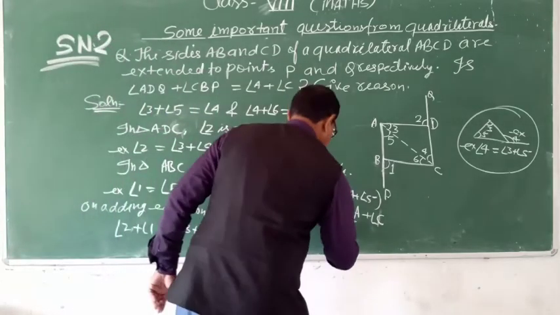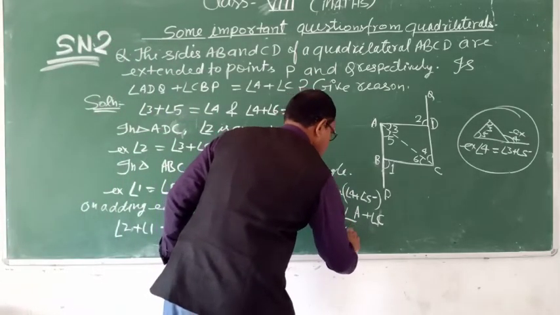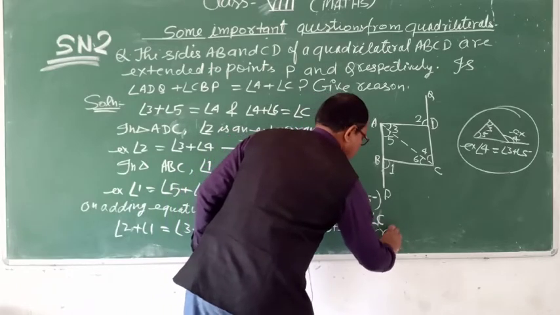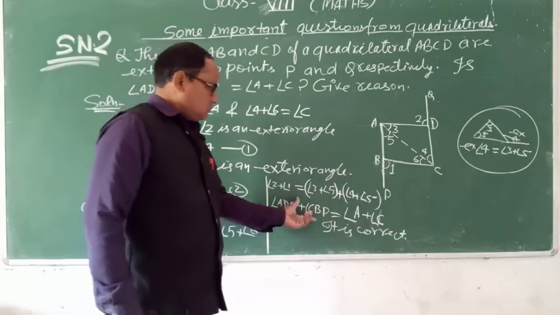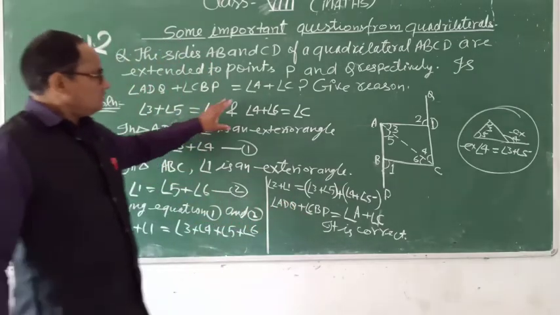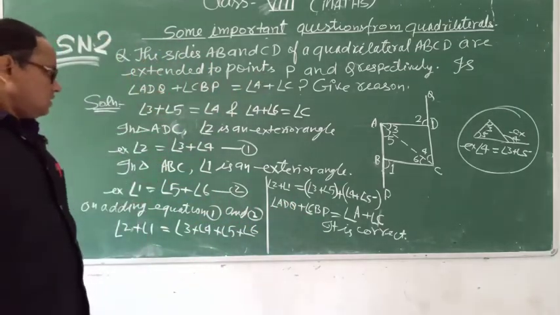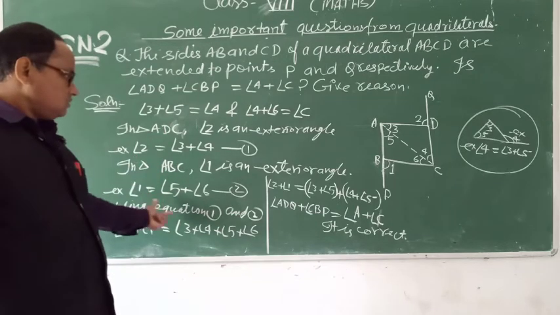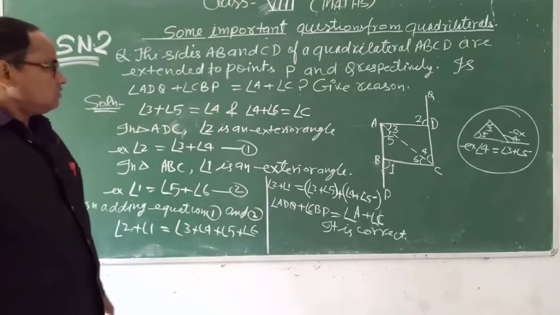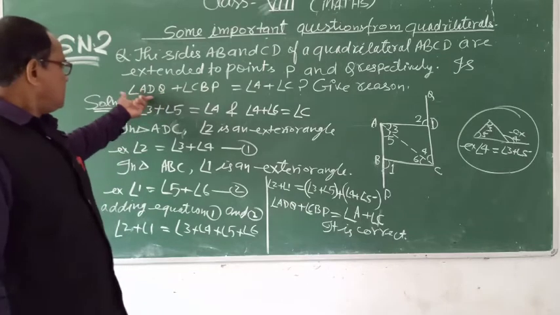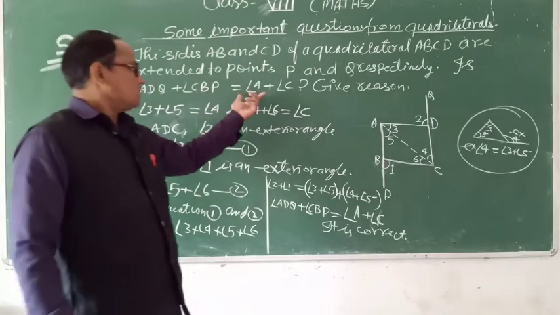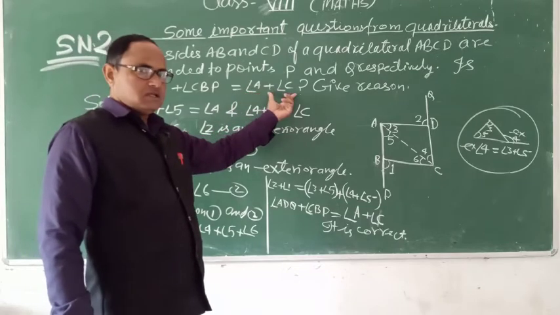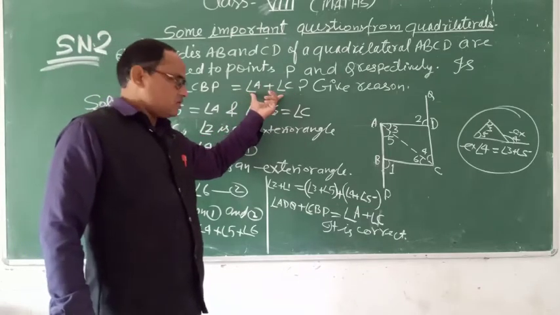It is correct. Then these types of questions you can solve on this basis. Angle ADQ plus angle CBP is equal to angle A plus angle C. It is correct. Okay student?